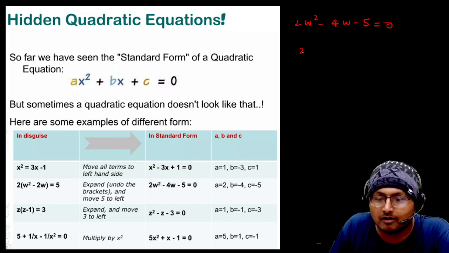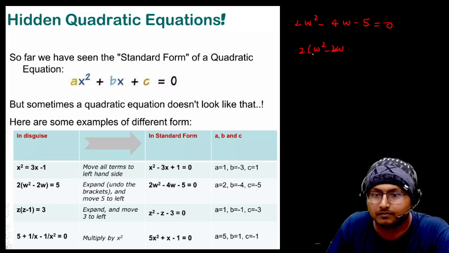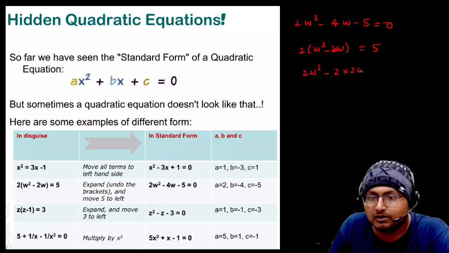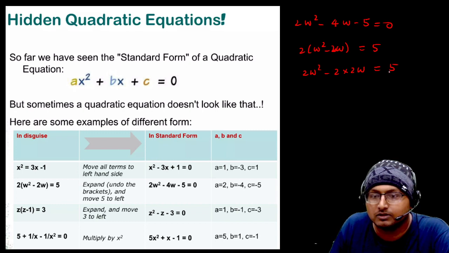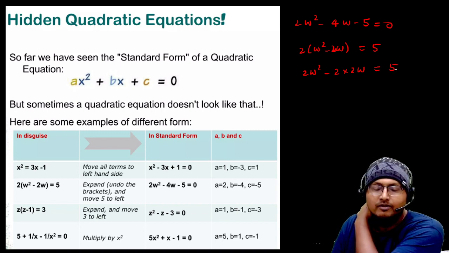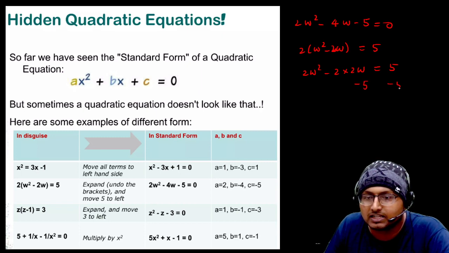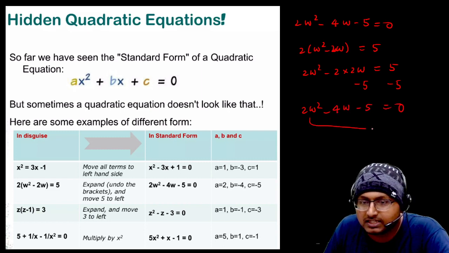How we got this: 2w square minus 2w equal to 5. We split this: 2w square minus 2 into 2w is equal to 5. This is not in standard form, because in standard form 0 will be on one side. So subtracting 5 on both sides, we get 2w square minus 4w minus 5 is equal to 0. So this is in the standard form.